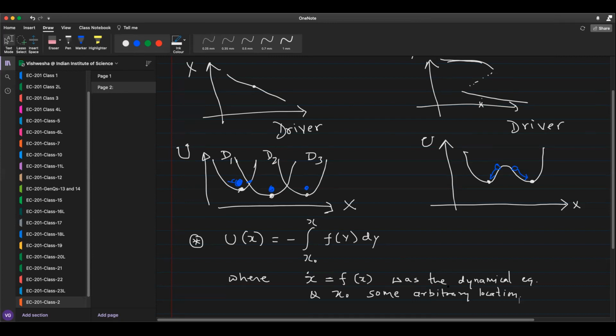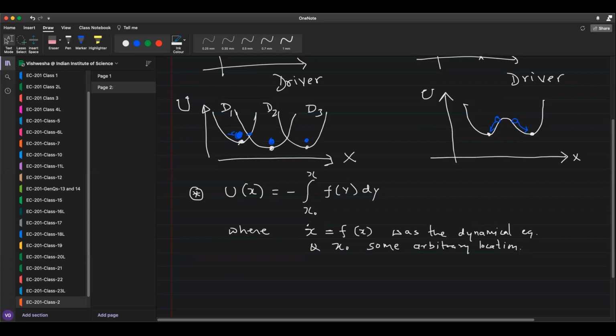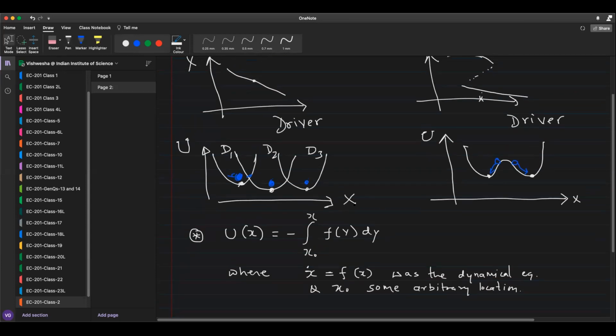It doesn't have to be the initial location, it's actually any arbitrary location.